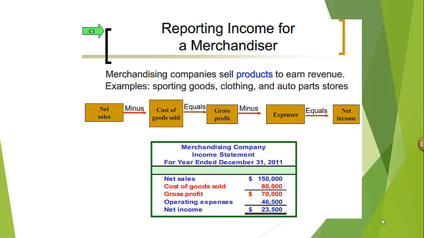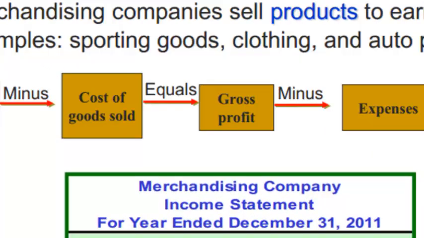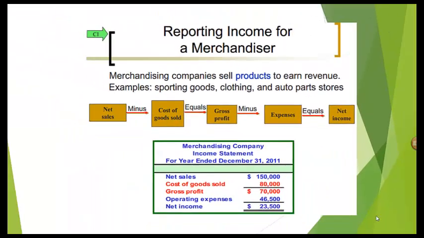What we see here is essentially the flow from the income statement. Now you notice that there's something unique about this, and we have a line item that's called gross profit. Gross profit is simply net sales minus our cost of goods sold. We'll talk about cost of goods sold in just a minute. From gross profit, we have expenses.